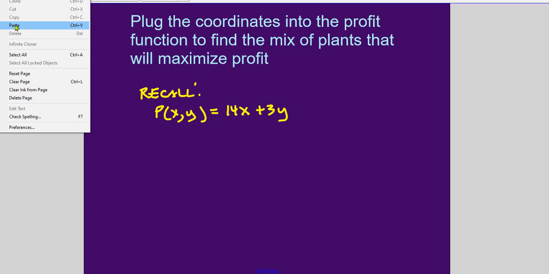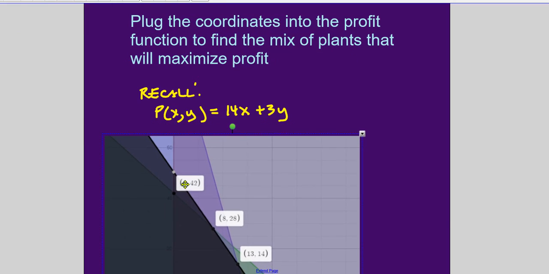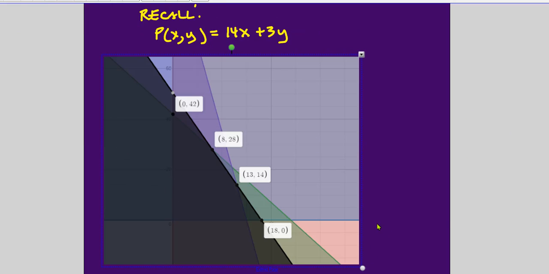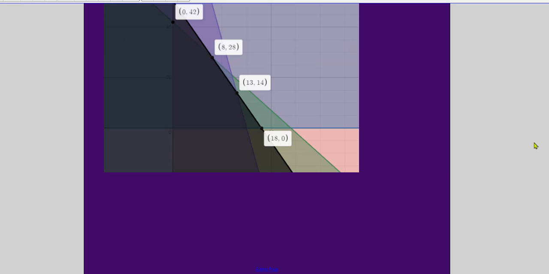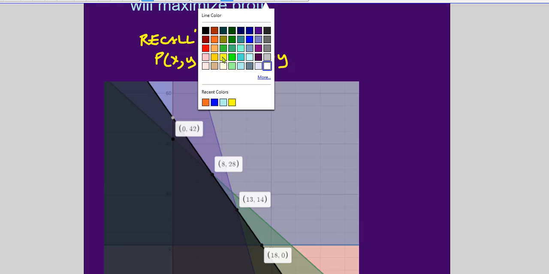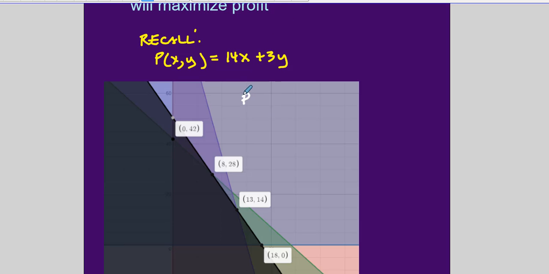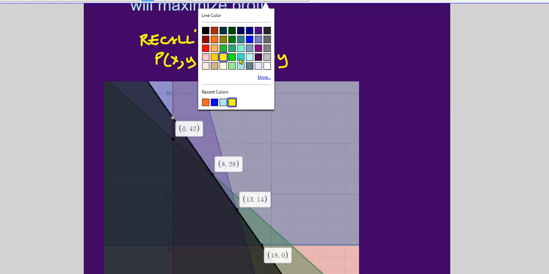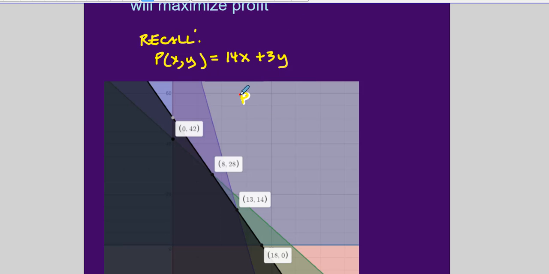There's my profit function. Let's extend the page if we need to. Now we're going to plug these values into this function and evaluate it. So P, let's use gold. I don't know if gold works so well. Let's try more contrast. I'm going to use red.